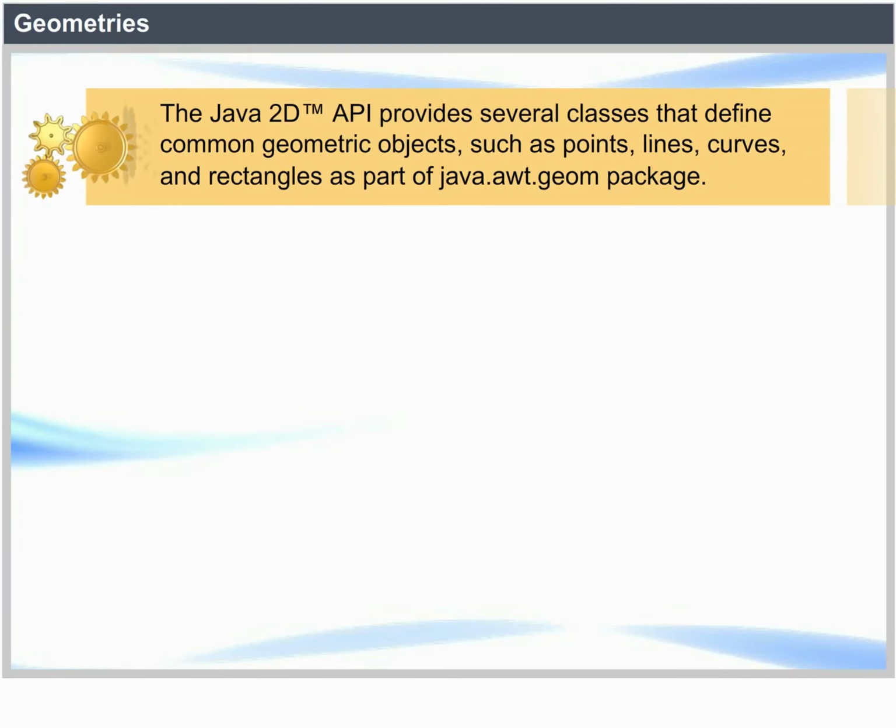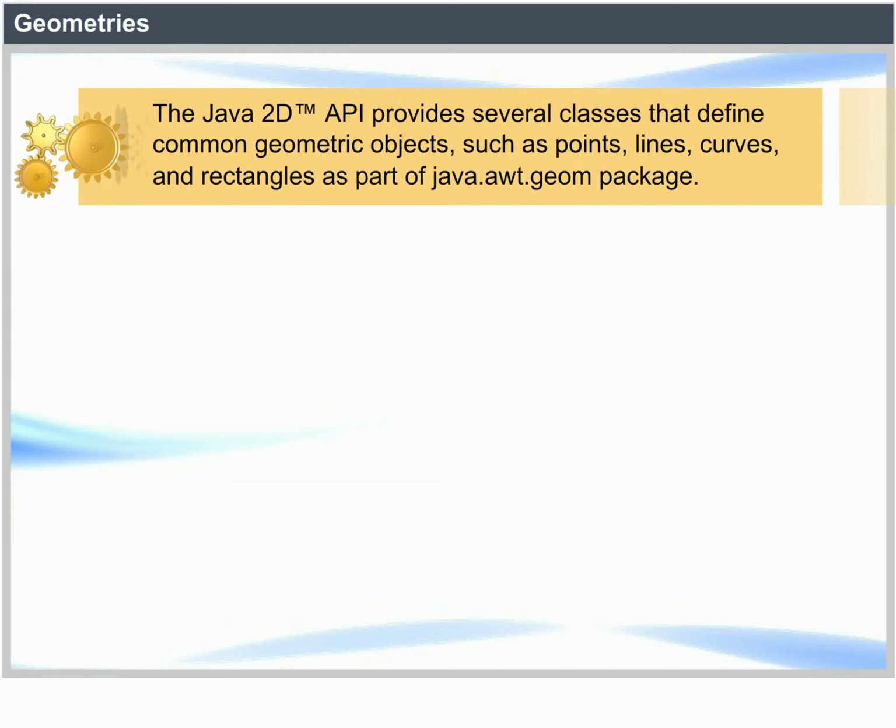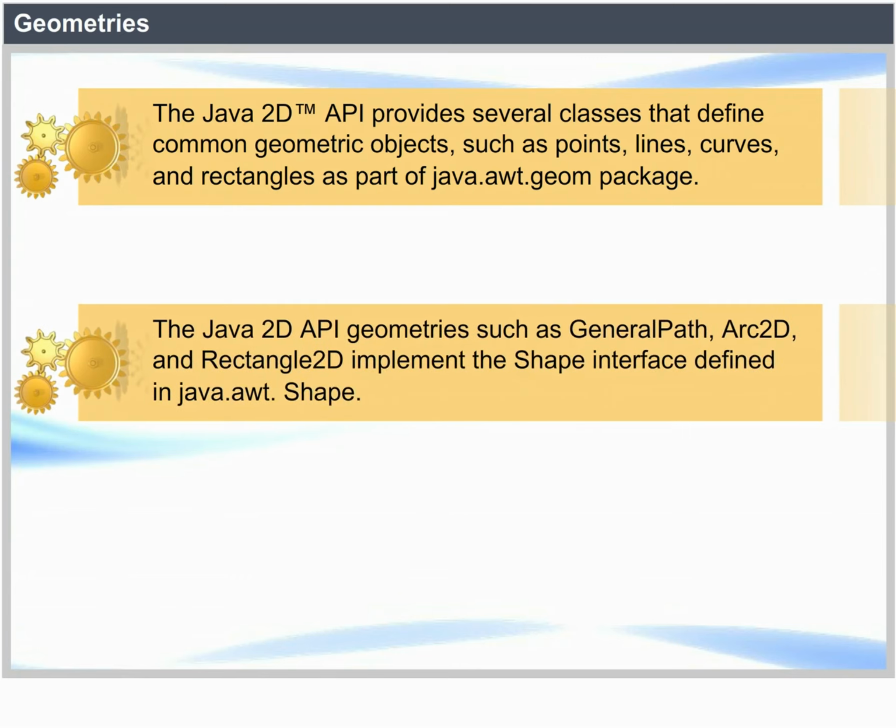Geometries. The Java 2D API provides several classes that define common geometric objects such as points, lines, curves, and rectangles as part of the java.awt.geom package. The Java 2D API geometries such as GeneralPath, Arc2D, and Rectangle2D implement the Shape interface defined in java.awt.Shape.